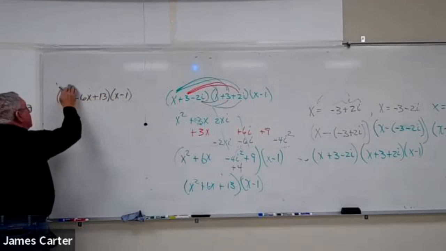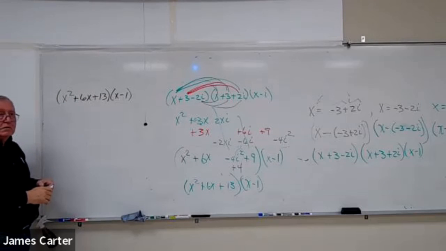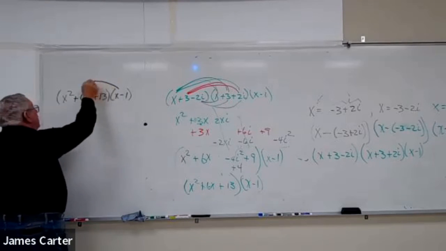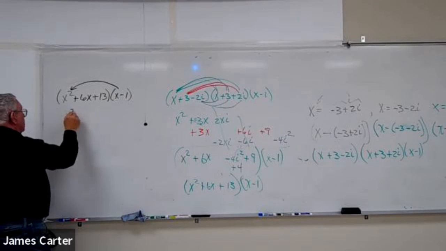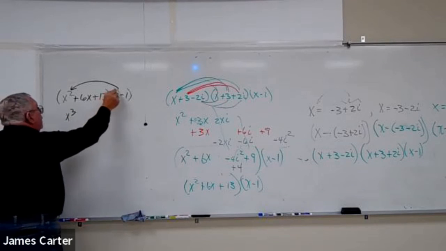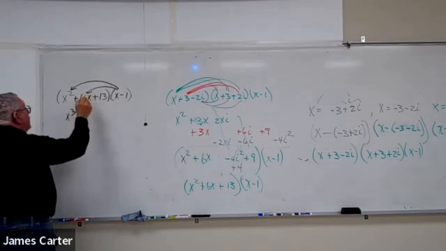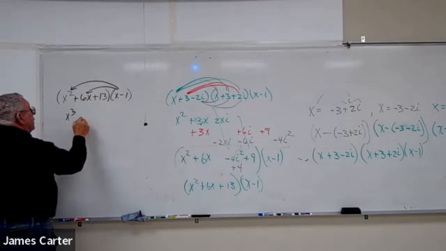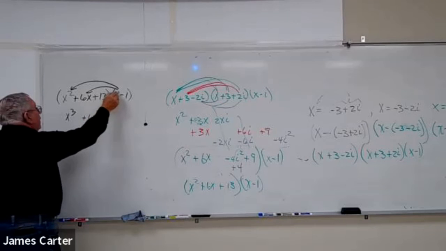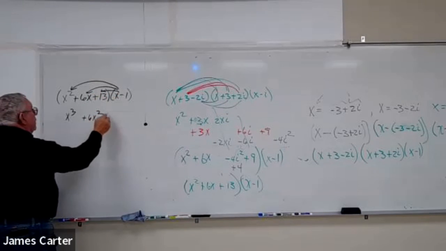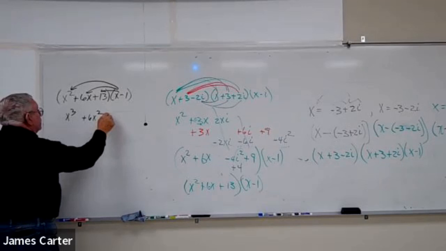Distribute 2 terms instead of distribute 3 terms. So I'm going to go this way, and I'm going to get x cubed. And I'm going to go this way, and I'm going to get plus 6x squared. And now this, and I'm going to get 13x.